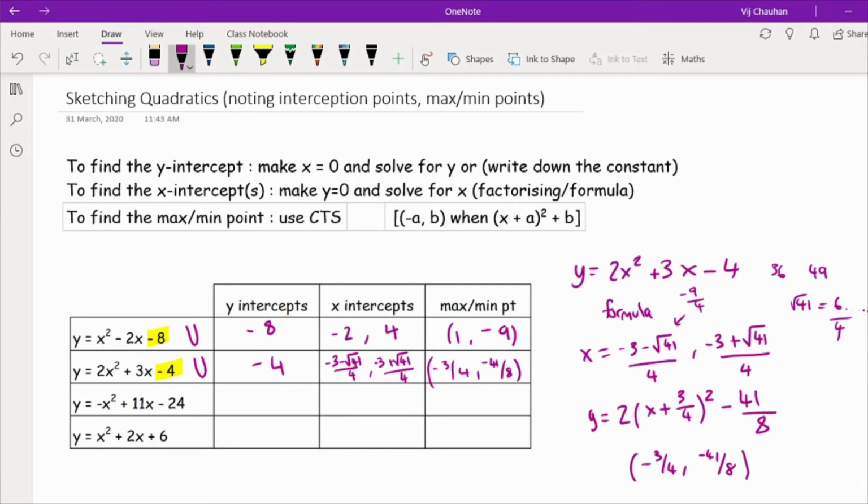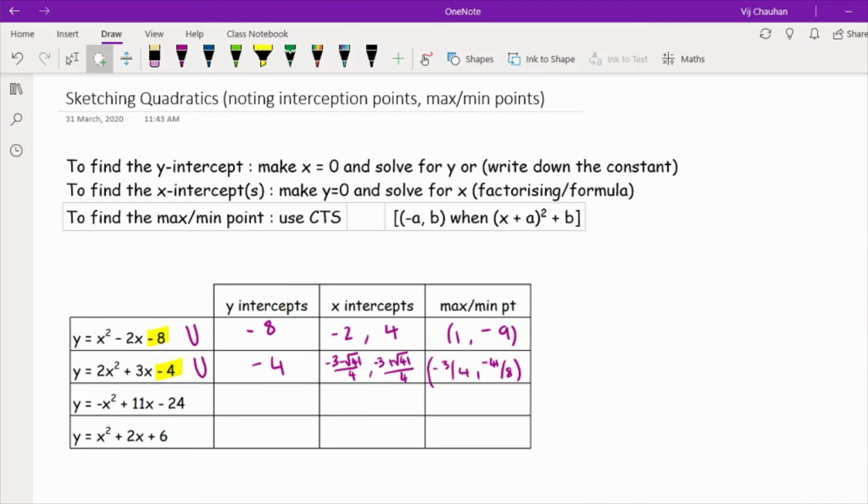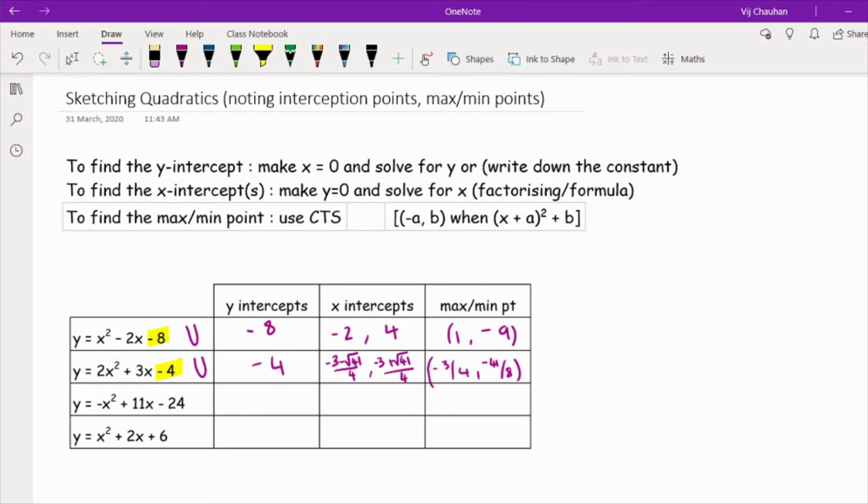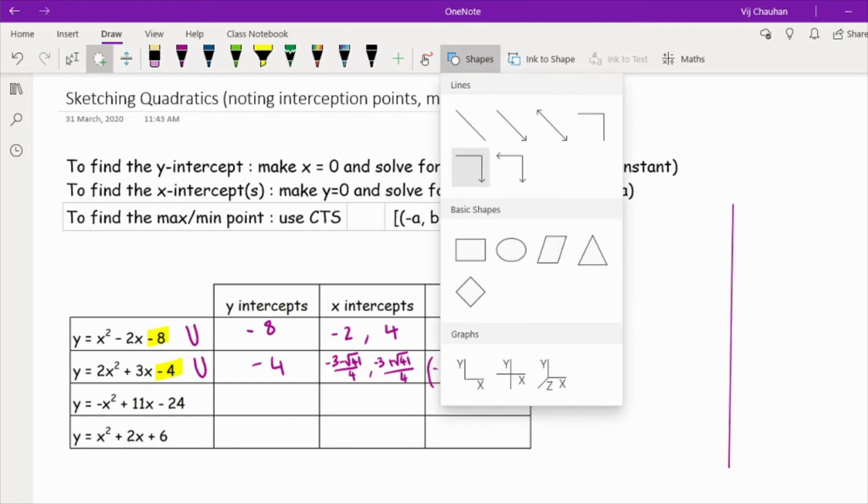So all I need to do now is go on to sketch this. So if I just get rid of all of that and draw my axes. Now with this it's going to be more on this side.